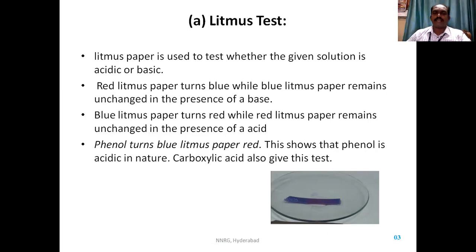It is acting similarly to a carboxylic acid, which also turns it red. That indicates that phenols are acidic in nature. You can see here, phenol is turning the blue litmus paper red.